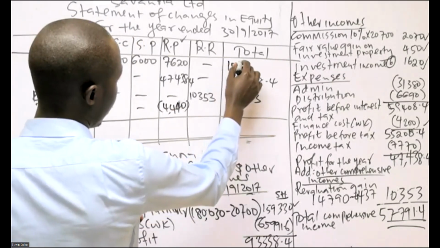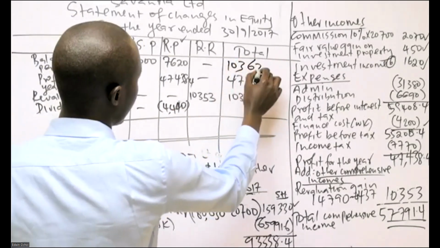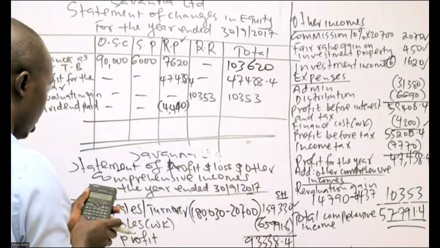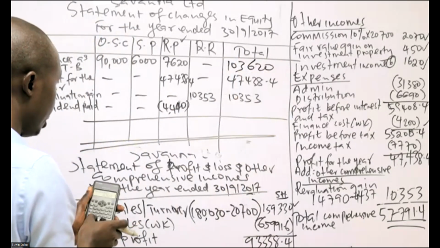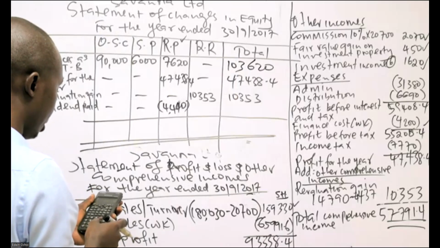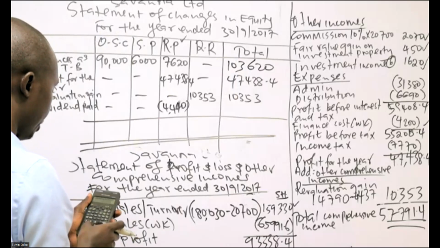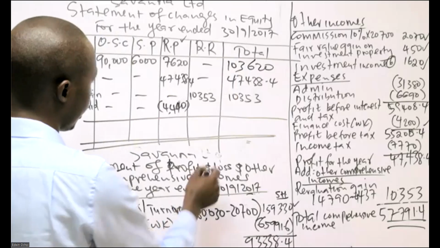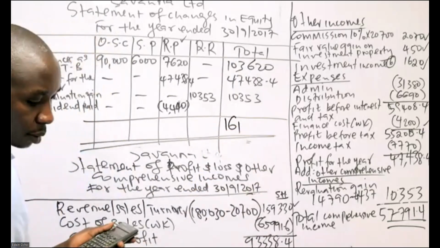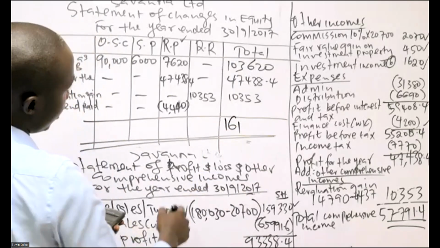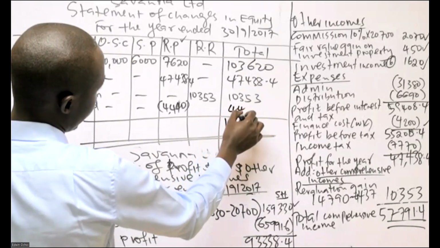This is 103,20, plus 47,438.4, plus 10,353. This one was 161. So there's one thing I have not deducted here, 44.40.